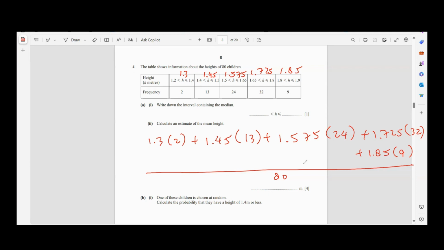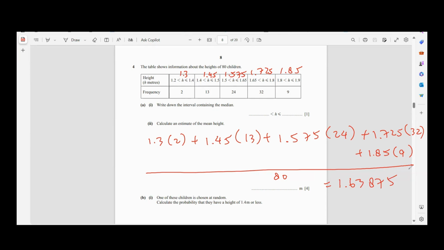Sorry, divided by 80, not 90. So I got 1.63875. So that is the mean.